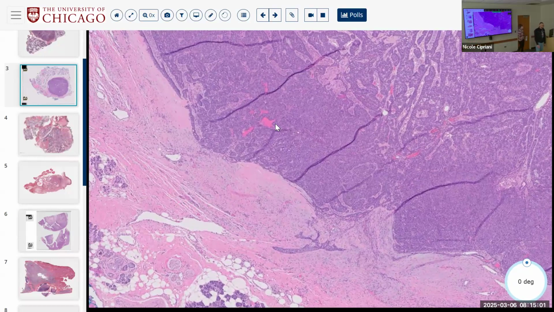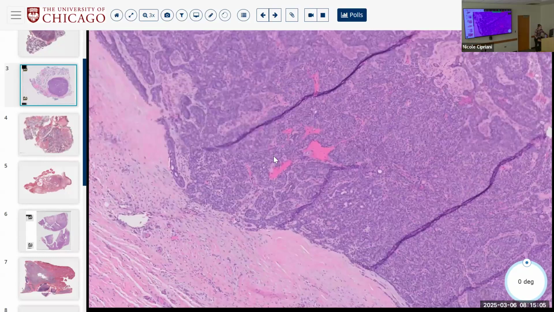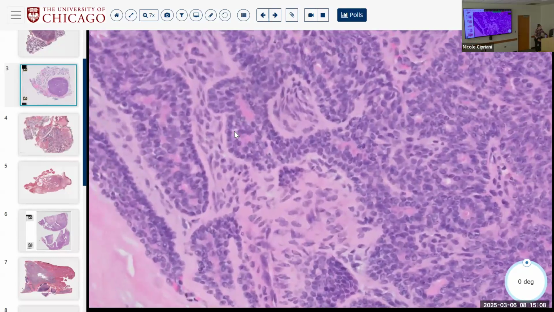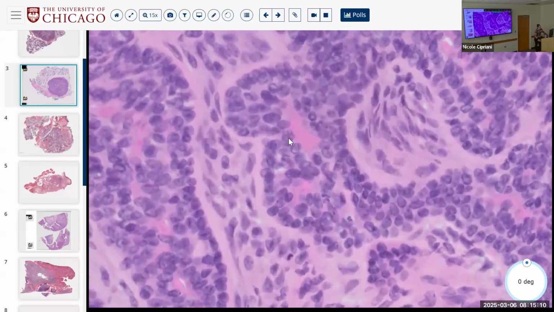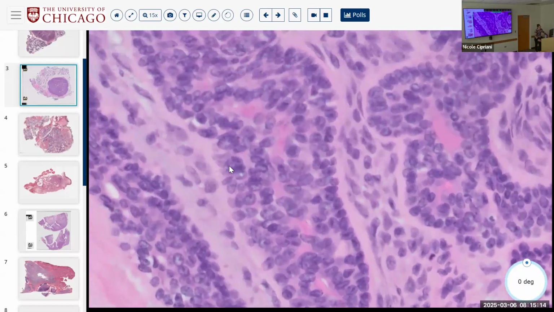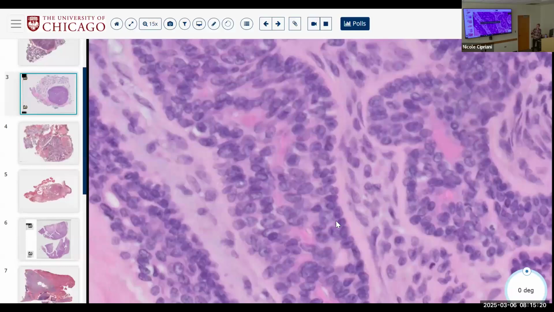Thank you. All right, so we agree that at least focally, we can appreciate the biphasic nature of this. But one might argue that the epithelial and the myoepithelial cells in this area are almost more similar to each other, right?